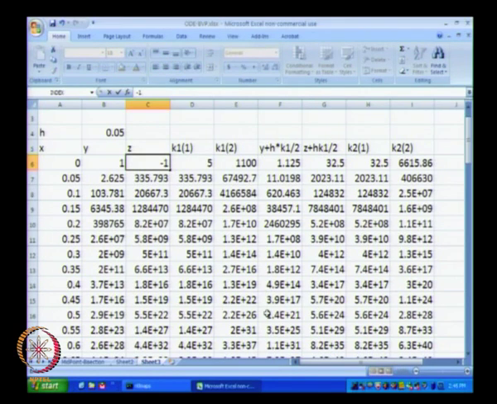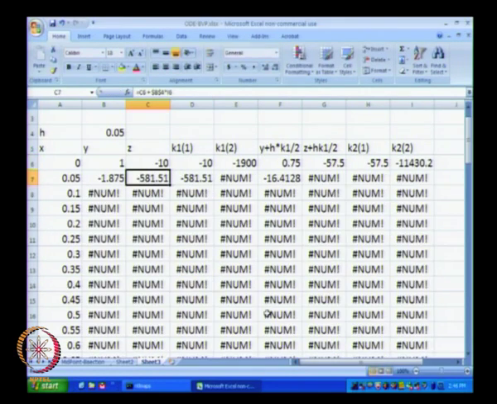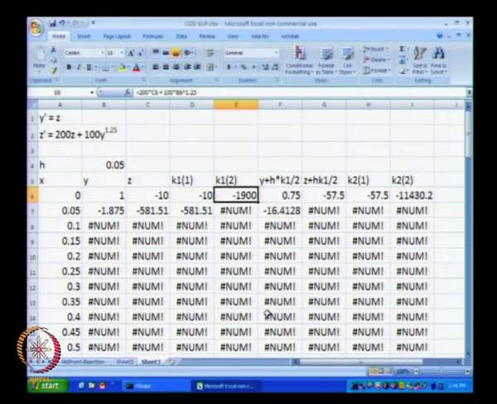Okay. So let us try to make this value minus 10, and if we make this value minus 10, our y value becomes negative, and so immediately our k1 becomes square root of, we are trying to take a square root of a negative number, and therefore it does not work. So maybe we have gone too negative, so let us try to go to say minus 5.